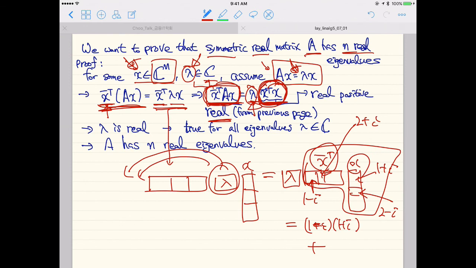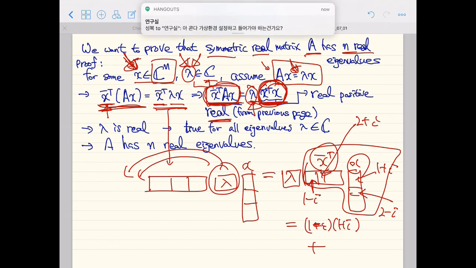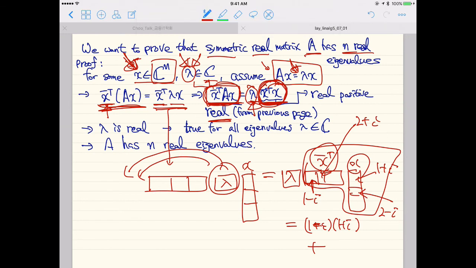So let's review what we did here at a high level. We started from some complex eigenvalue and corresponding eigenvector. But our conclusion was that this eigenvalue is always a real number.